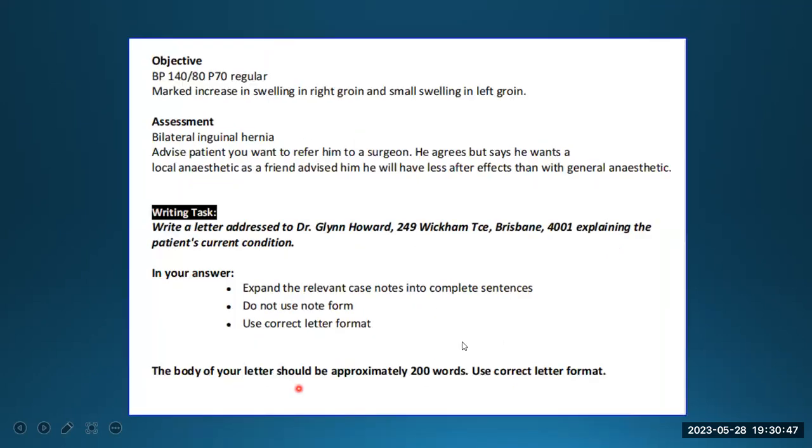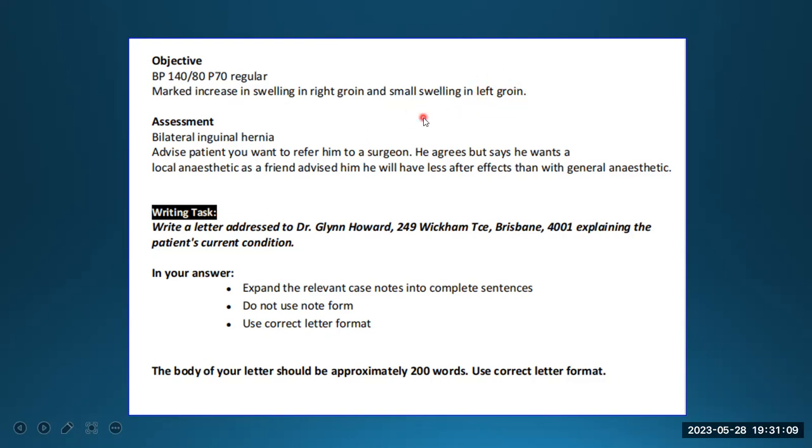Next, objective. Objective means I am examining. His blood pressure is in normal range, pulse regular, normal, marked increase in swelling right groin, and small swelling in left groin.